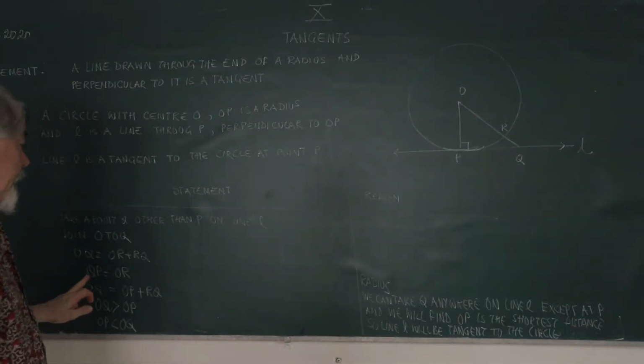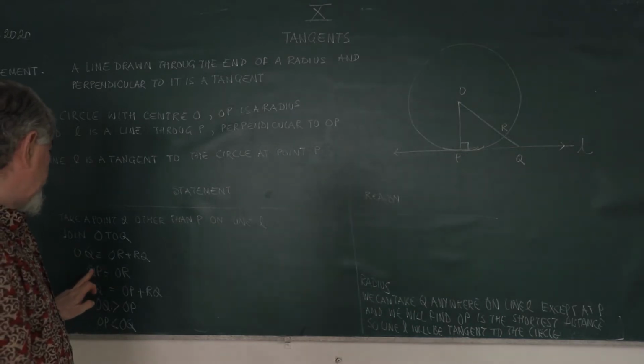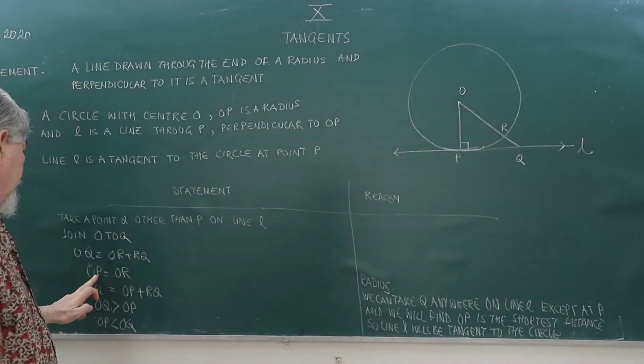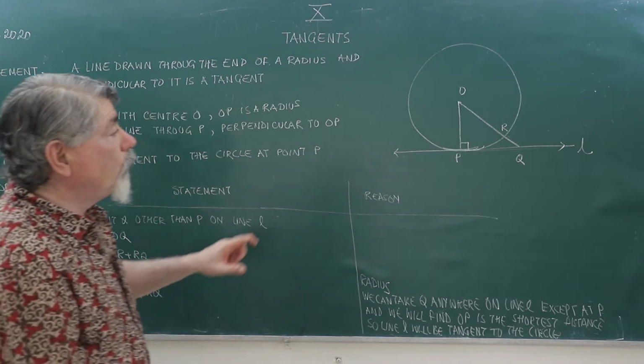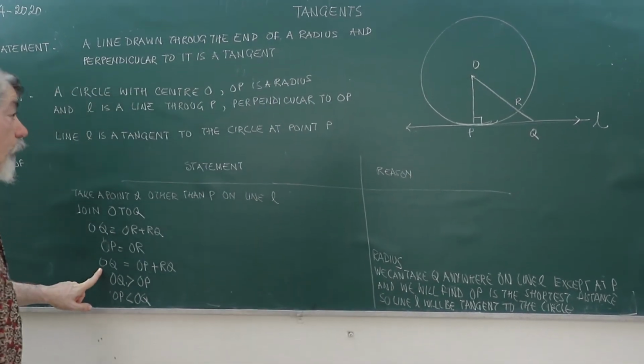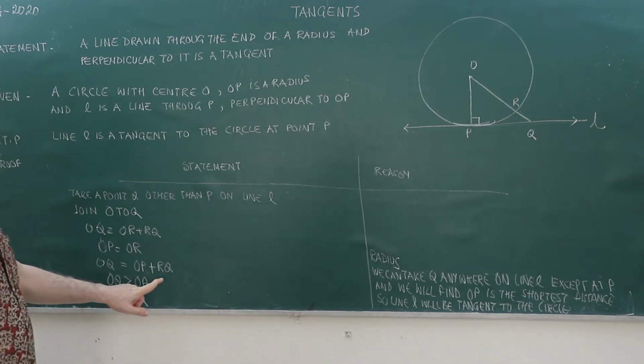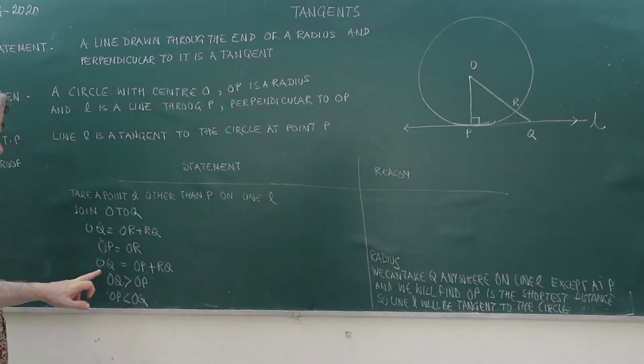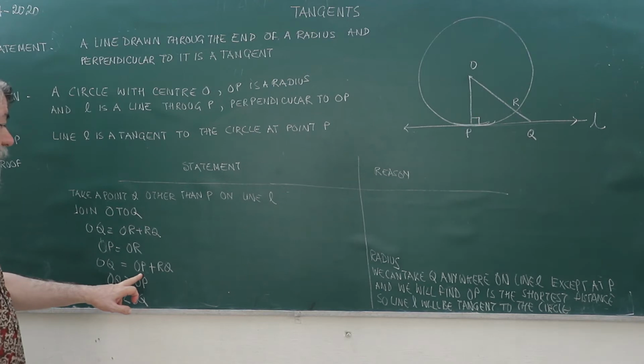So what we are doing is, instead of OR, I am putting OP. So OQ will become OP plus RQ, or we will say OQ is greater than OP.